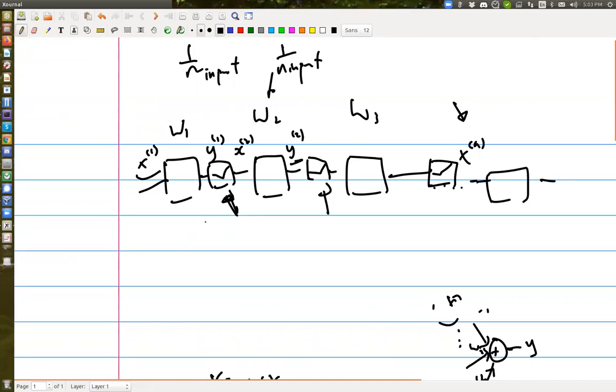What we showed earlier is that the variance of Y1 will be equal to the variance of X1 times variance of W1 times N, where N is the number of X1 here.